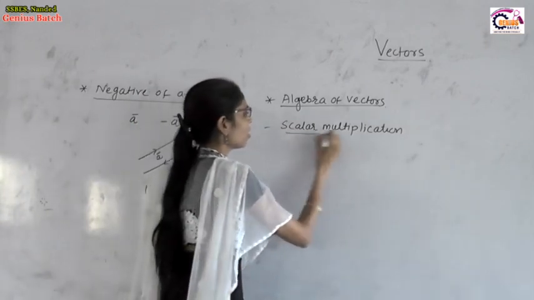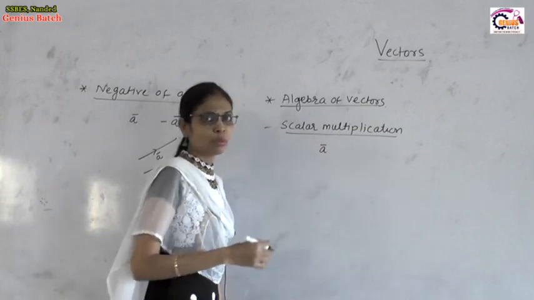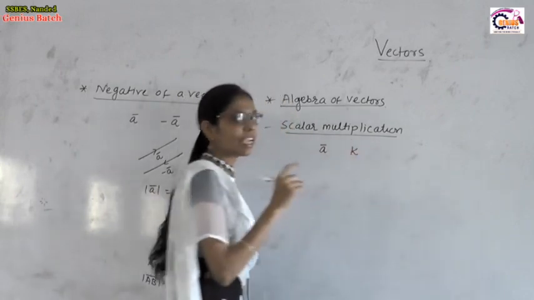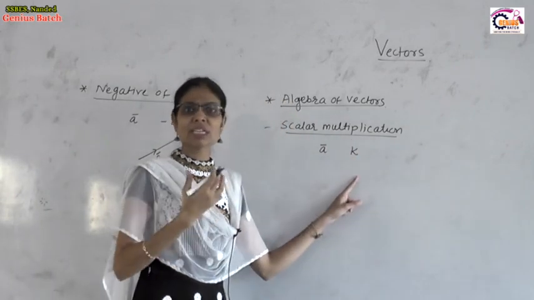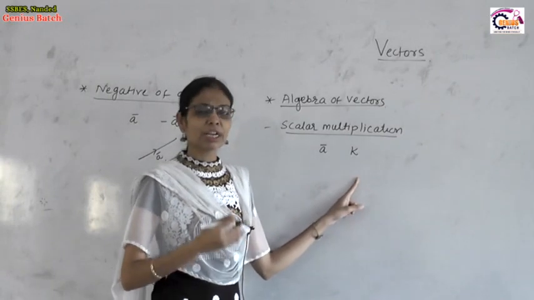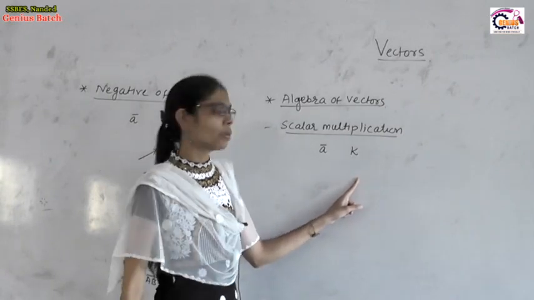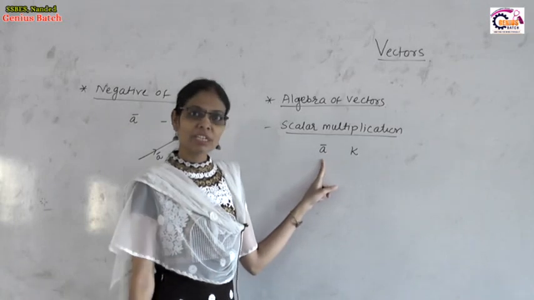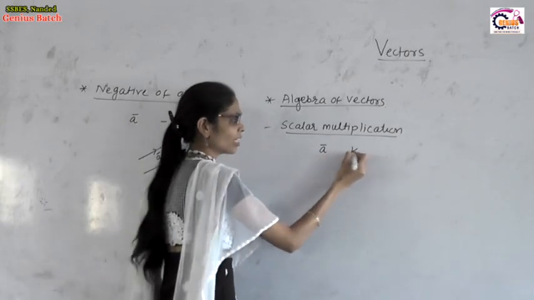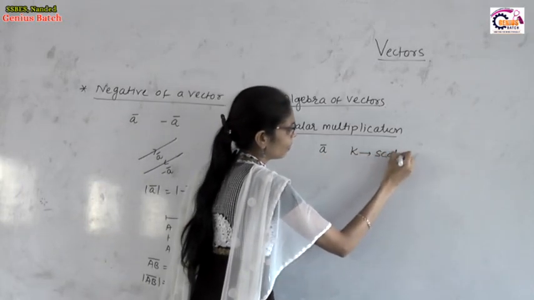Suppose a vector A is given to you and k is any scalar. Scalar means it does not have direction and you can consider it as any real number. So A is a vector and k is a scalar.